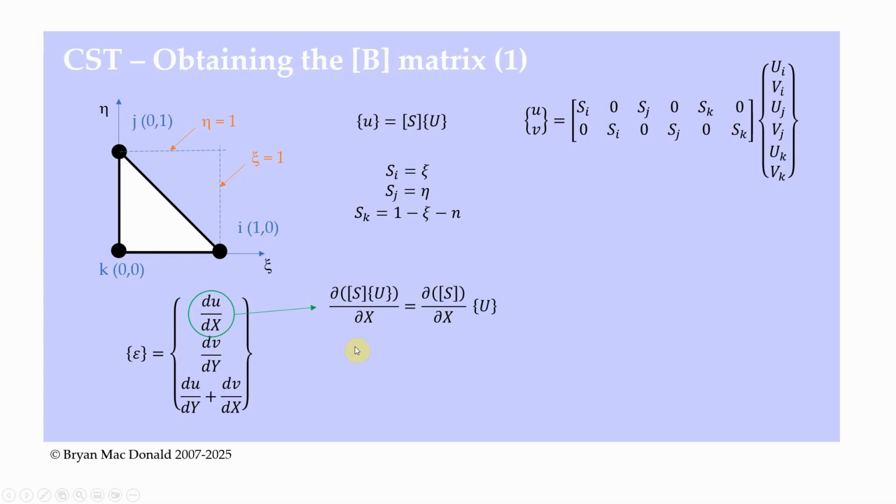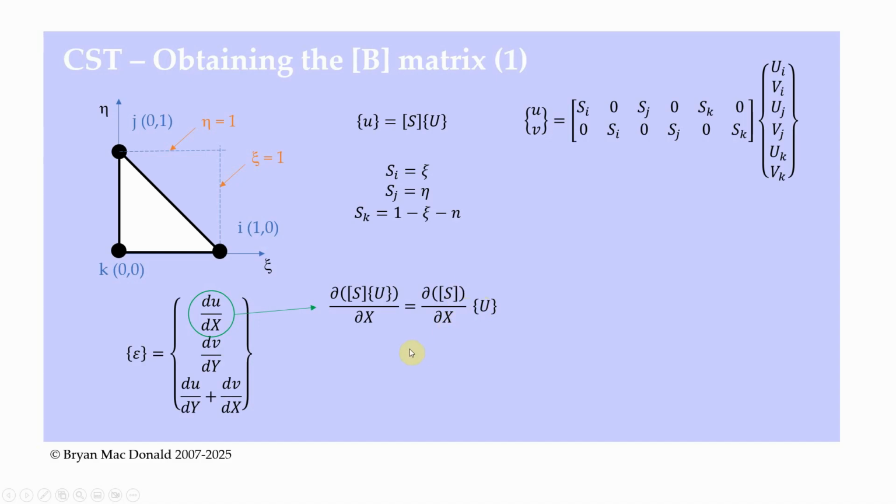So we can replace du/dx with d(Su)/dx. Now the next thing to notice is, u is just a list of numbers. It's just a list of the displacement of each node. For example, it could be 0.2, 0.4, 0.3, 0.7, and so on. So there's nothing differentiable in terms of x in there. So we can take u out of this differentiation and say it's going to be the partial differentiation with respect to x of the shape functions times u.